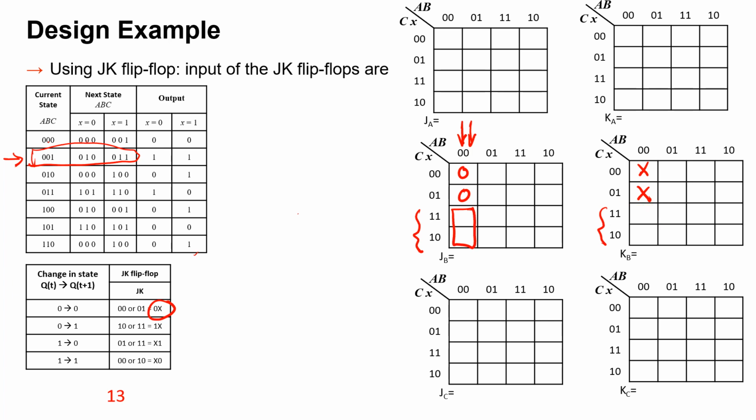So B makes a transition to 1 in both cases. A transition from 0 to 1 in the table means you have to give 1 to J, 1, 1, and x to your K.